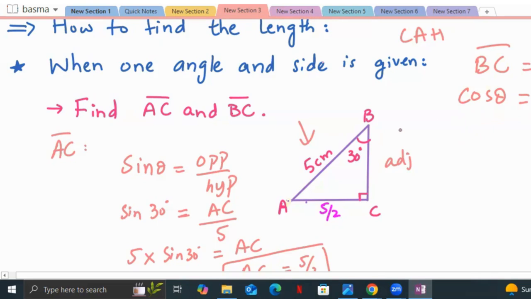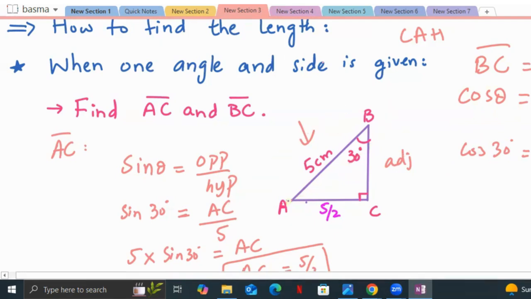You know that your theta is 30 degrees, and the adjacent length is missing, so I'm just going to put BC there, because BC is not given, over hypotenuse. Hypotenuse is 5 centimeter, so it's going to be 5 here.